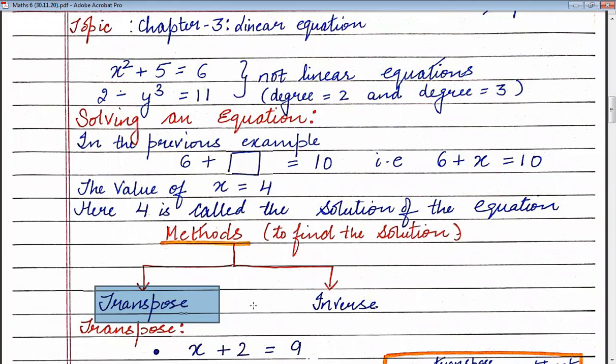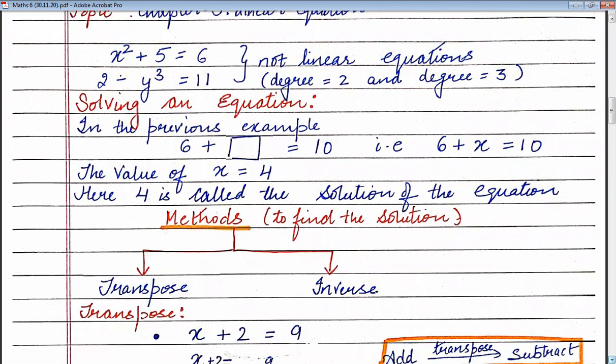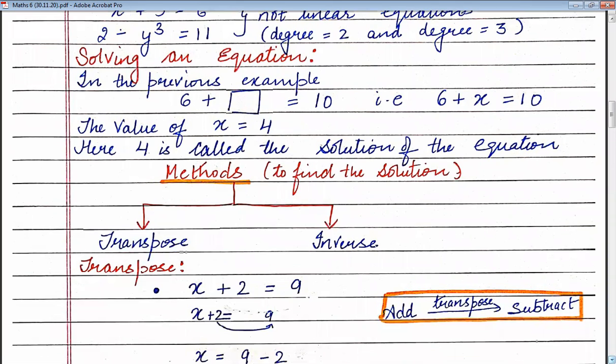Be careful, we are going to discuss 4 rules as this is a very new concept for all of you, so listen carefully. Now children, what is the transpose method? With the help of this method, we will find the value of the variable.